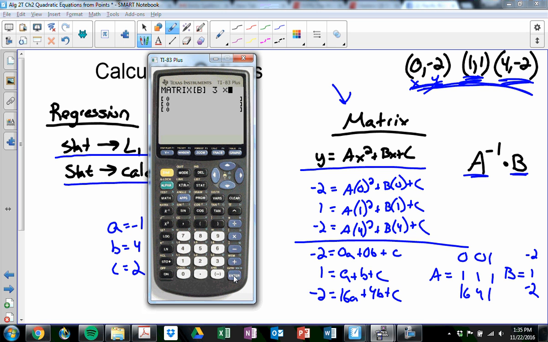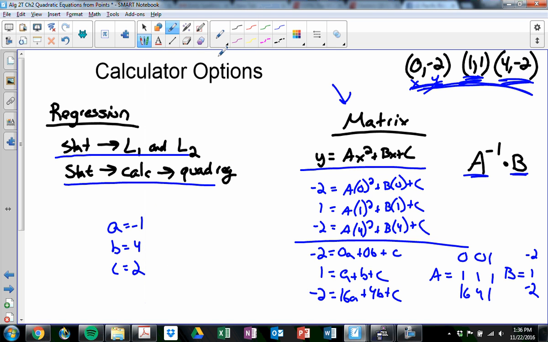I'm going to go negative 2, 1, negative 2. I do A inverse times B. Negative 1, 4, negative 2, just like we got every place else. That was a negative, I just didn't write it down.